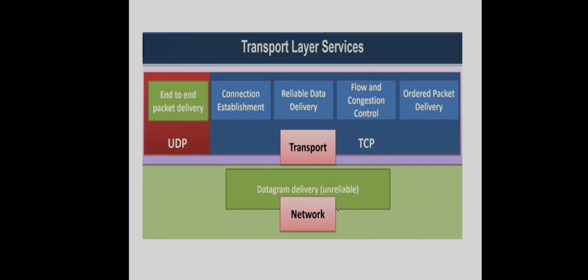And whatever the service provided by the transport layer, it should use the service provided by the network, which can be unreliable, right? There comes the significance of TCP. So if the application requires reliable delivery, it's the duty of the transport layer to provide such reliable communication. We will see these functionalities in detail in the next sessions.